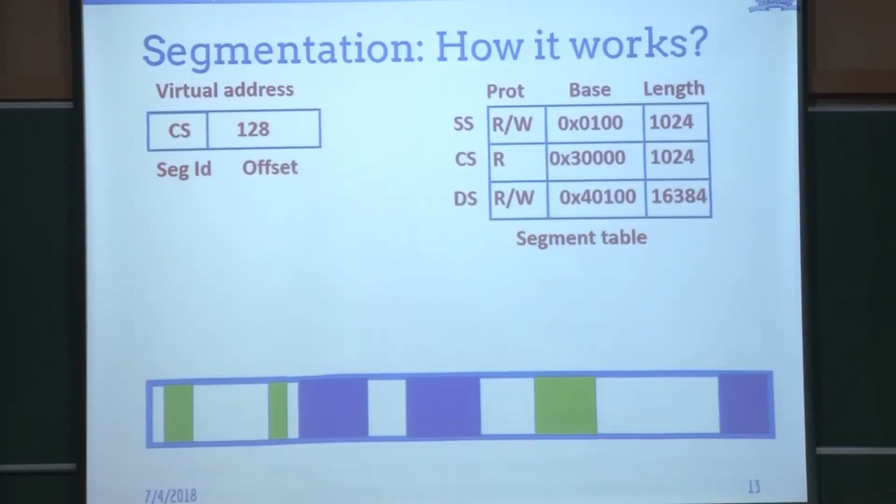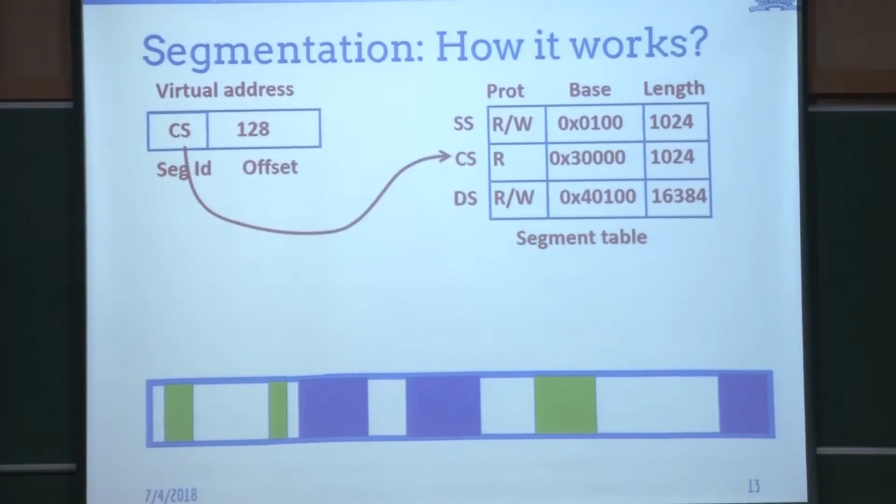What I'm showing on the right hand side, your left probably, is called the segment table. This is where the information is stored about what part of the physical memory each of these segments is mapped to. Remember that these segment tables are unique for each process, because each process has its own virtual address space, so they will have a different mapping. So they have different segment tables.